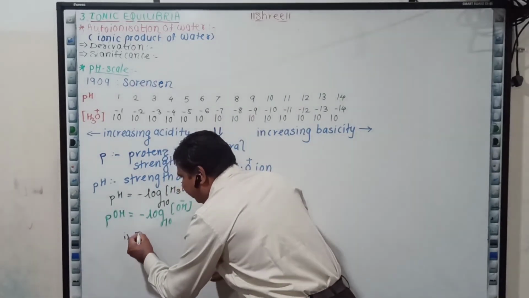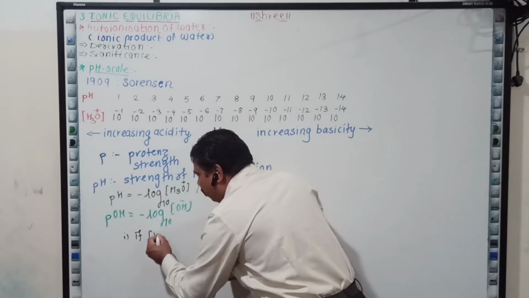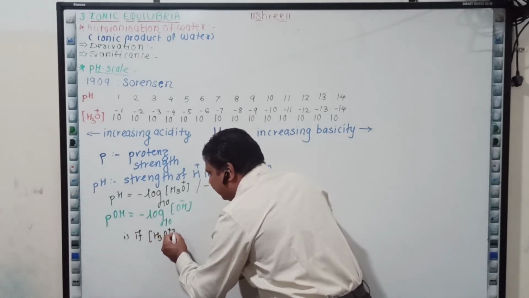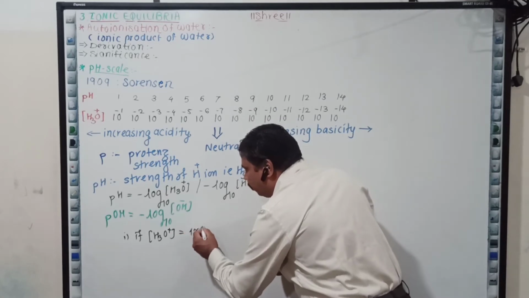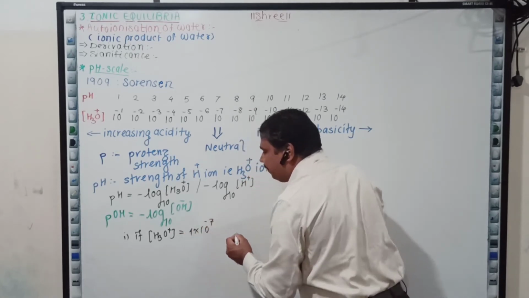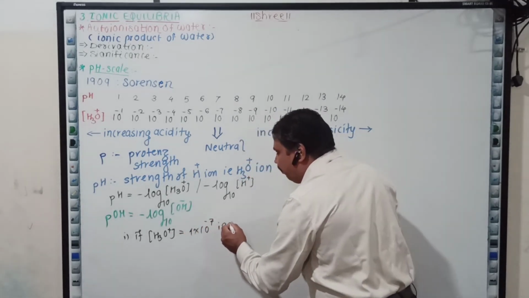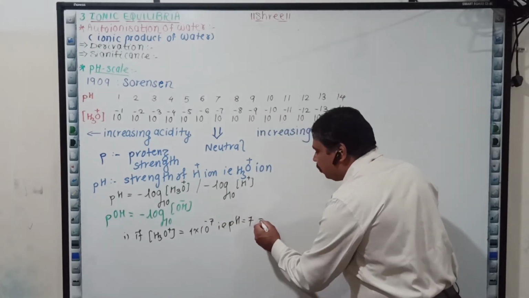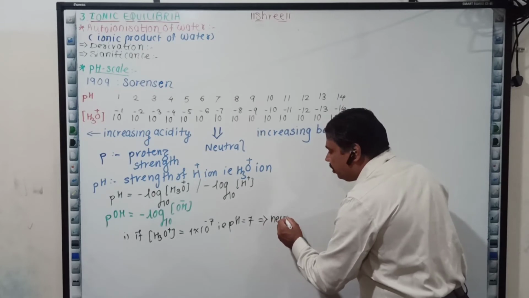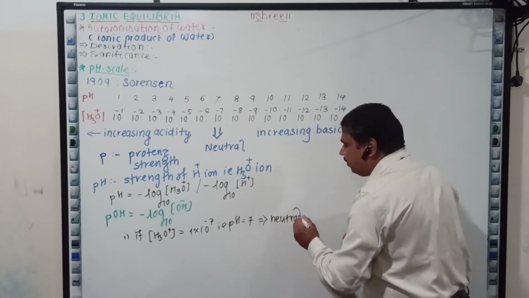First point, if concentration of H3O plus is equal to 1 into 10 raised to minus 7, that is pH is equal to 7, then that aqueous solution is neutral in nature.